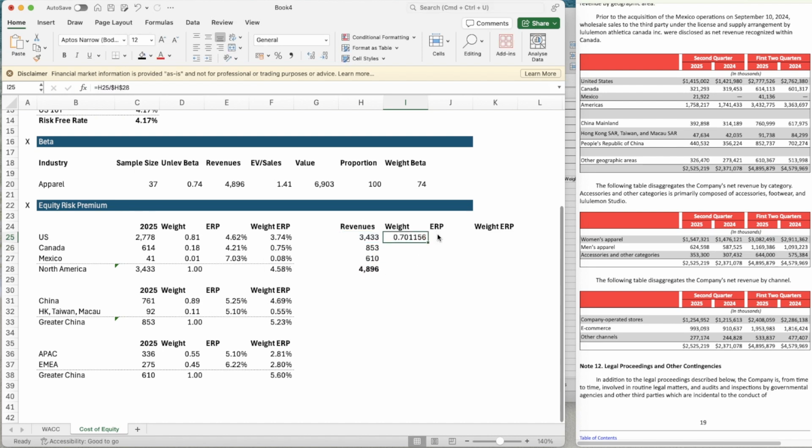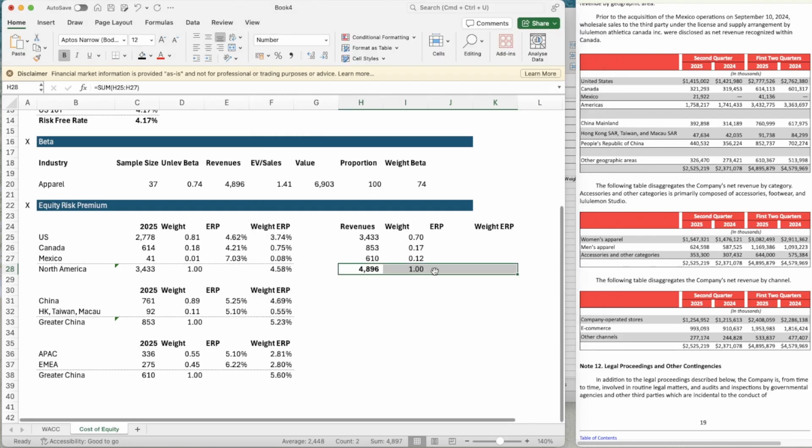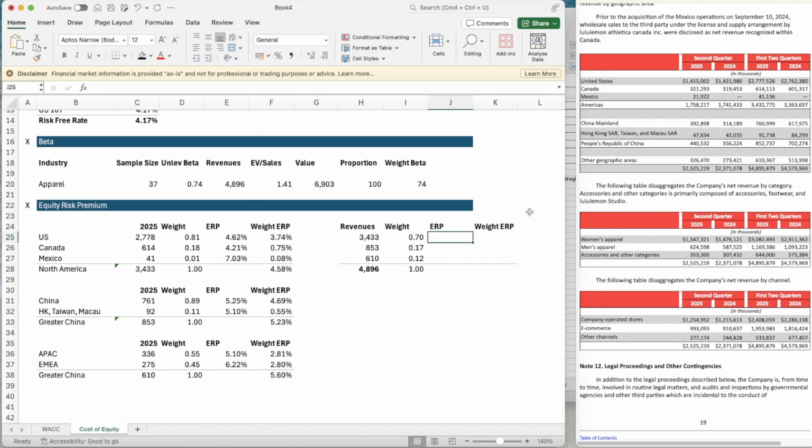Again, lock in. And the ERP, we just put it to what we've calculated.